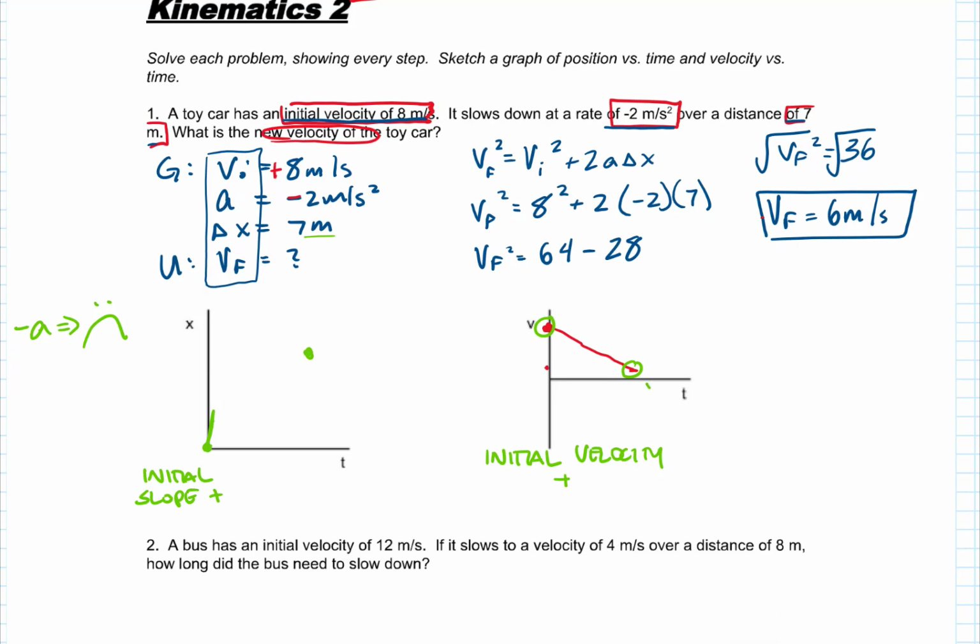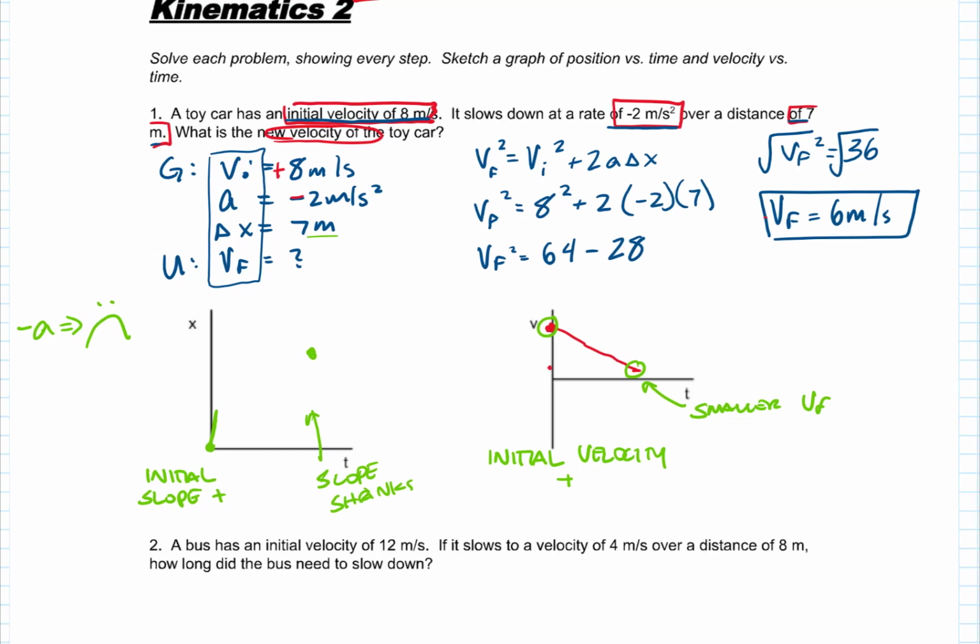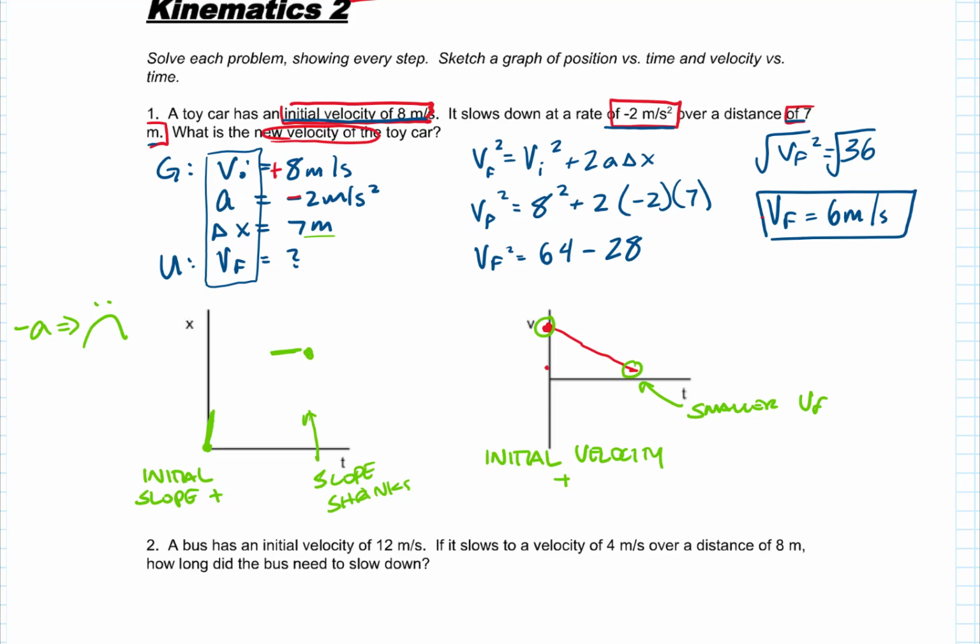And then the final velocity is smaller. So I have a smaller final velocity, and that means my slope up here is going to have to shrink. So if you do that with your hand, what you see is that nice concave down shape, which matches what we did before with our little frowny face.